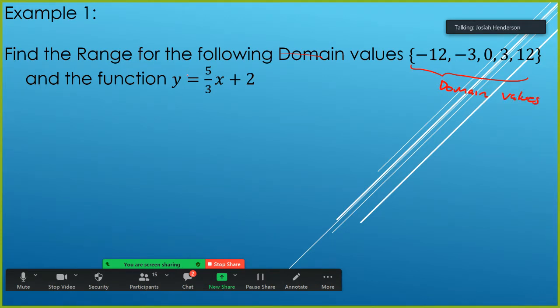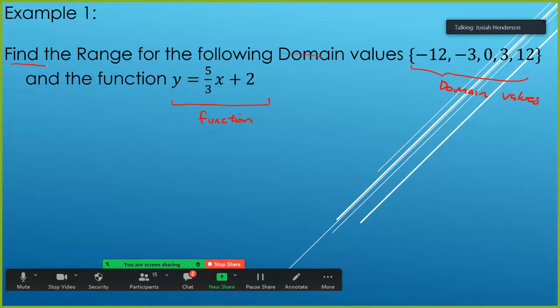In the function, y equals 5/3 x plus 2. When we have a number written right next to a variable like x, it's implied that it's being multiplied. There's no symbol there for it, but we know that means multiplied. So 5/3 x plus 2.